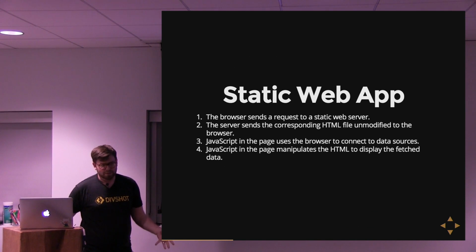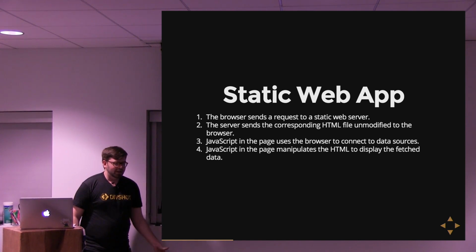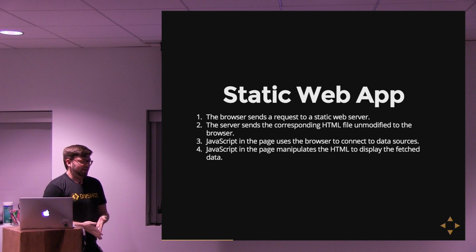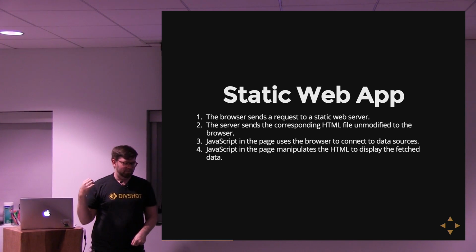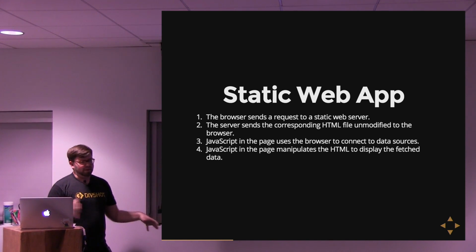In the static web app, the browser sends the request to a static web server. The web server basically just says, okay, here's an HTML file. I don't really care what the request is. Here you go. The JavaScript in the page is a little smarter. It looks at the characteristics of the request and makes requests to separate backend services.